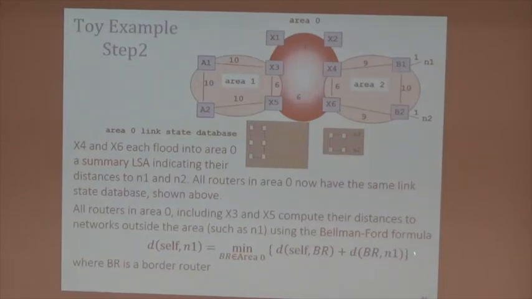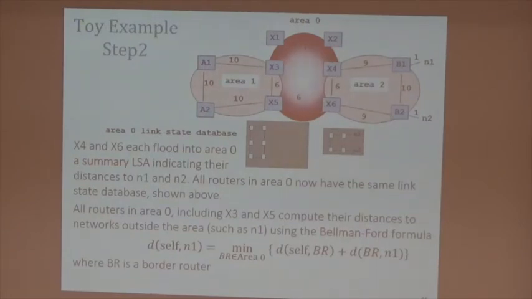The Bellman-Ford formula says that the distance from me to some destination is the minimum of the distance from me to all my neighbors, or all the routers I know that already know how to go to that destination, plus the distance from this border router to the destination. If I take the minimum of all these, then I will find the distance from me to this destination.